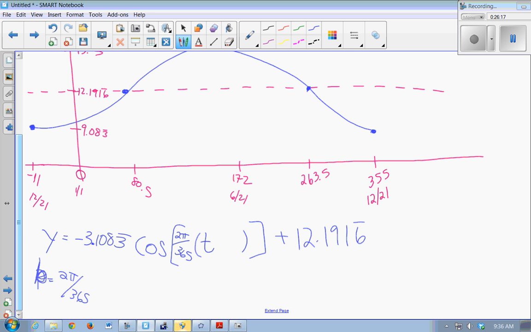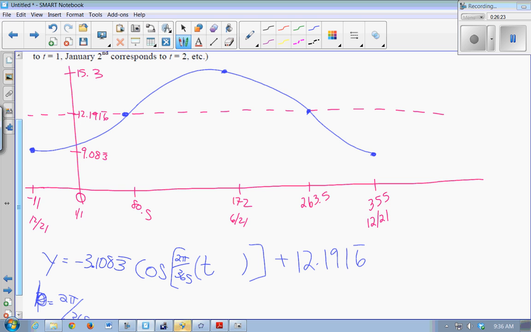Okay, so cosine would typically start at a low point, right? So my negative cosine function would typically start here and move up, right? But I have to move that low point to the left 11 days.